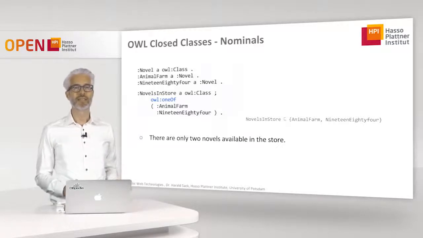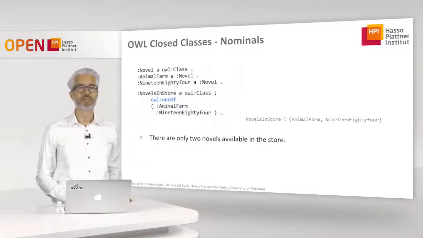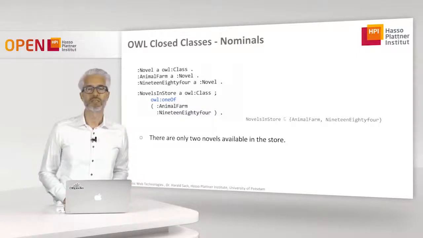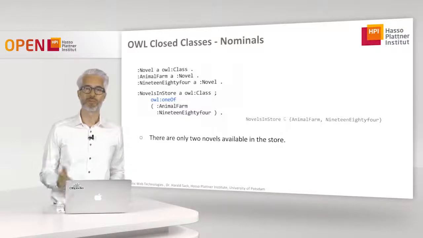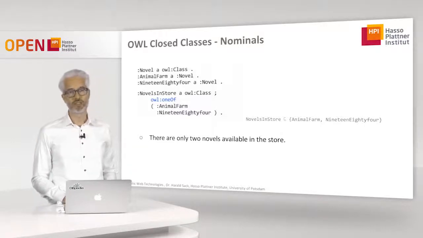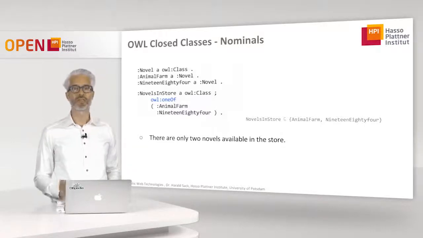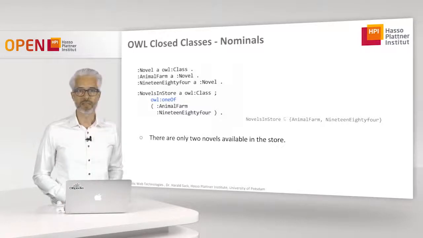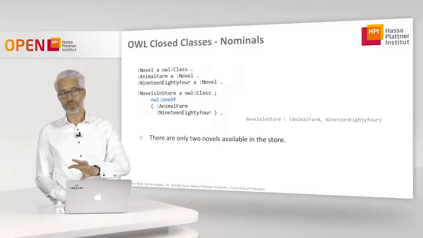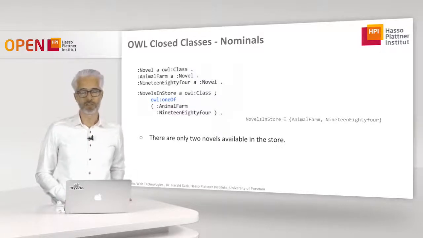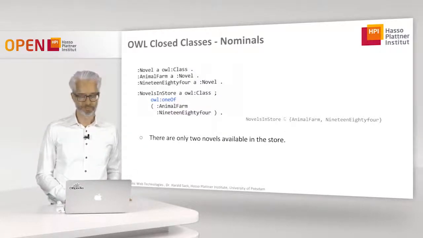And this is then Animal Farm or 1984, which means there are only two novels available in the store right now. And you see also the equivalent definition in description logics in light gray right beside the box. So this is the possibility to define so-called OWL closed classes or nominals.